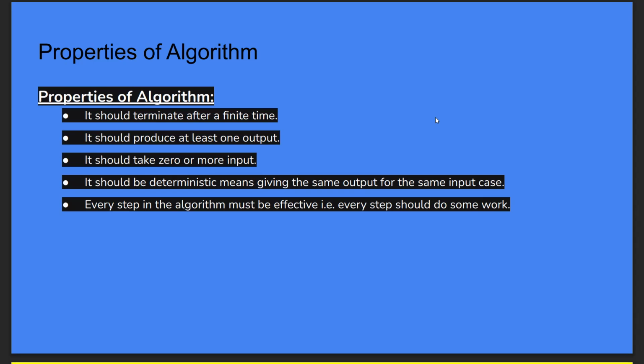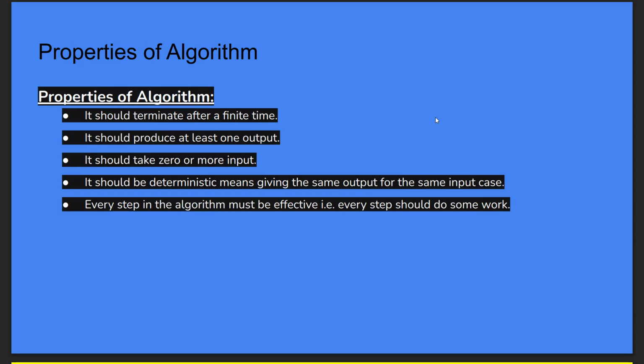Next one, every step in the algorithm must be effective. It means whatever the steps that we are performing in the algorithm, they should be effective. So if the steps are effective, they will give the precise solution or the optimal solution. So in order to get the optimal solution, whatever steps this algorithm contains, they must be effective. And also, every step should do some work.